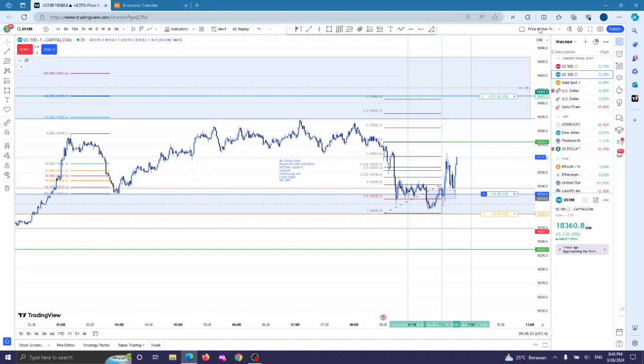Because market maker buy model tells us that it will not go way below after hitting that equilibrium of range defined. This just looks so pretty, bro. So pretty.